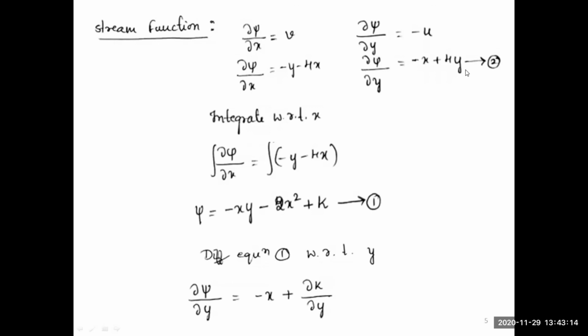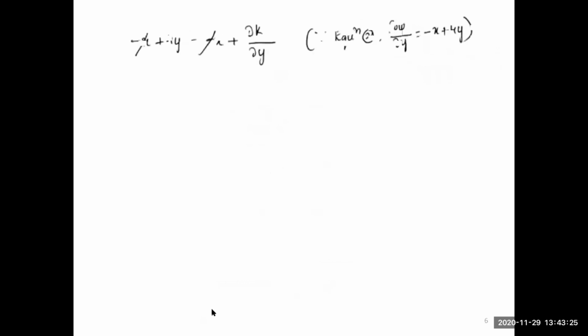Now we have equation number 2, that is ∂ψ/∂y is equal to minus x plus 4y. You just substitute this in the place of ∂ψ/∂y. So minus x plus 4y is equal to minus x plus ∂k/∂y. Minus x will get cancelled, so ∂k/∂y you will get as 4y.